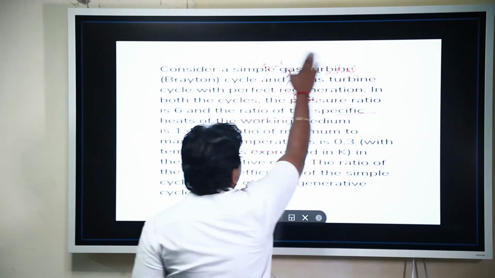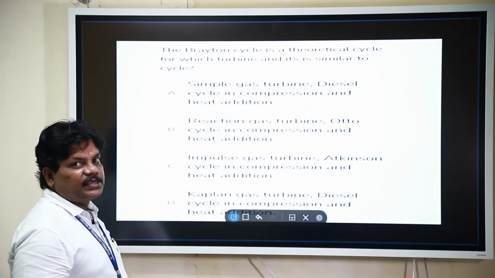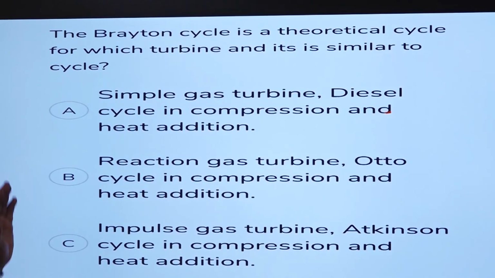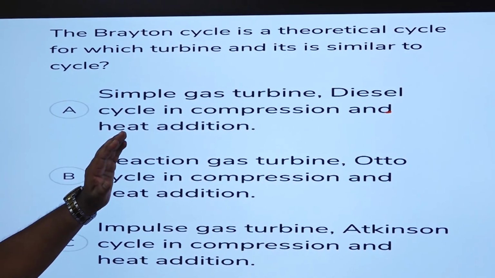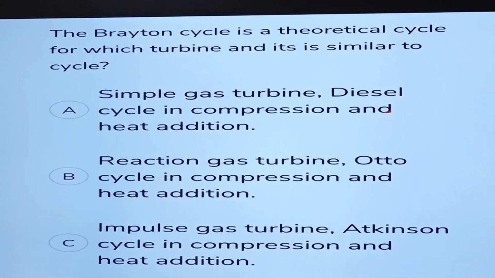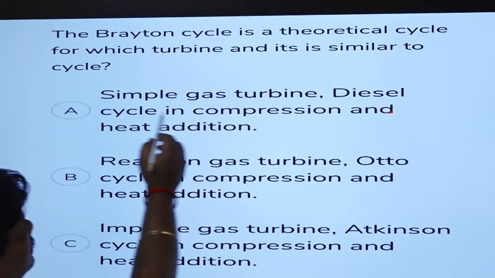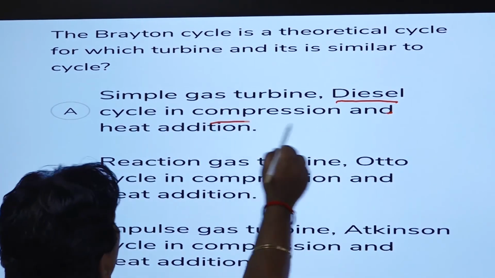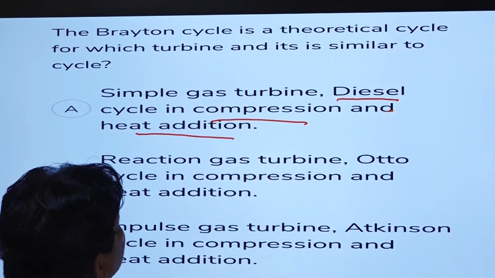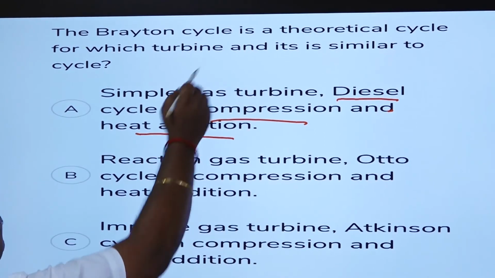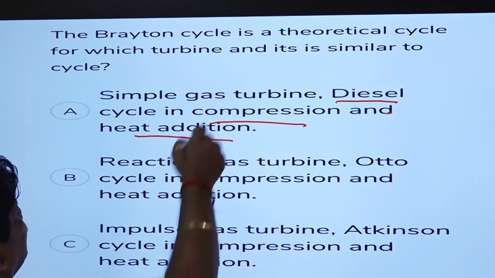Okay, the next one is, the Brayton cycle is a theoretical cycle for which turbine, and it is similar to which cycle. So you can see that during this compression as well as the heat addition, whether this Brayton cycle is similar to that of the diesel cycle.